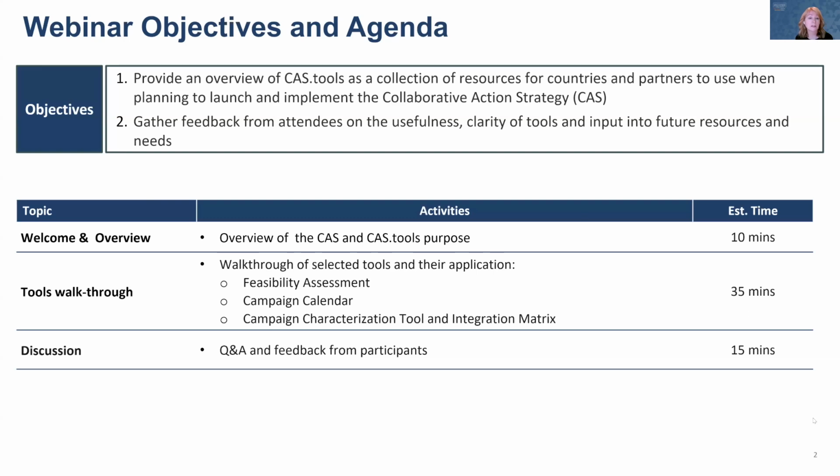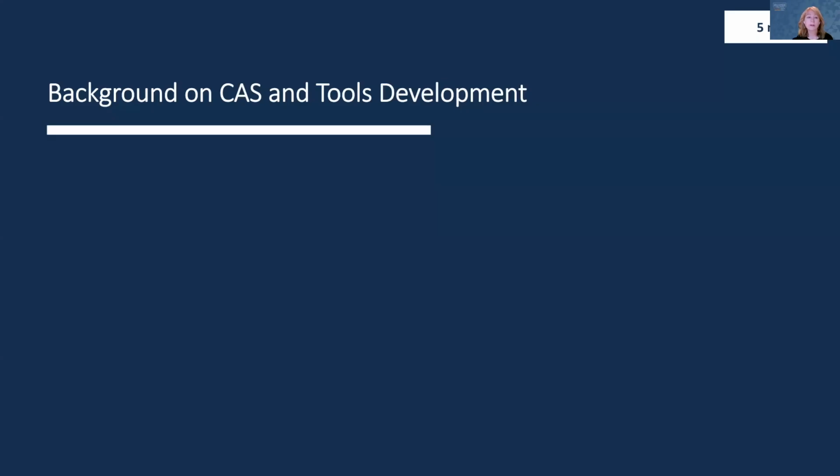And as other countries decide to adopt the CAS, we invite you also to use and customize these materials to fit your needs, and also to feel free to add new tools to our resources so everyone has access to them.